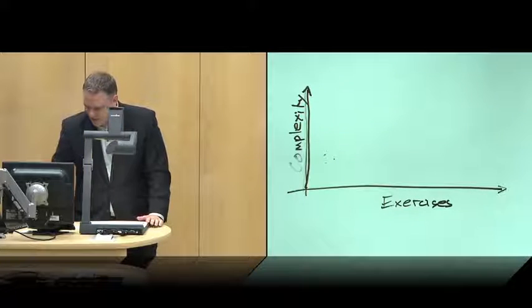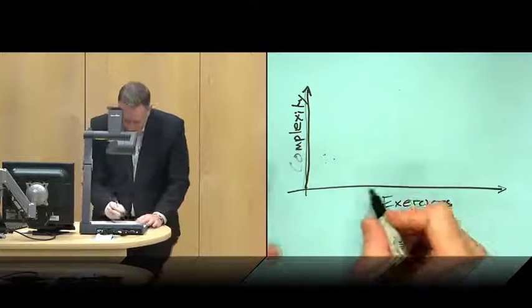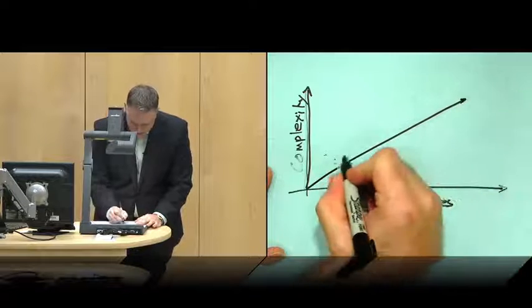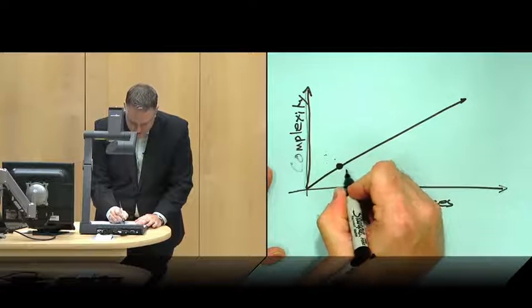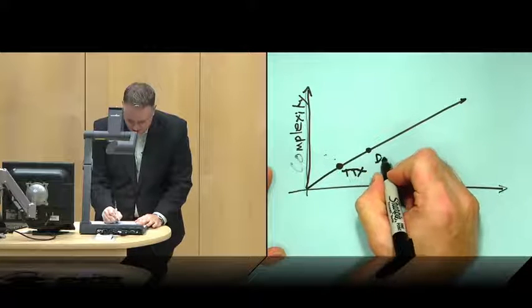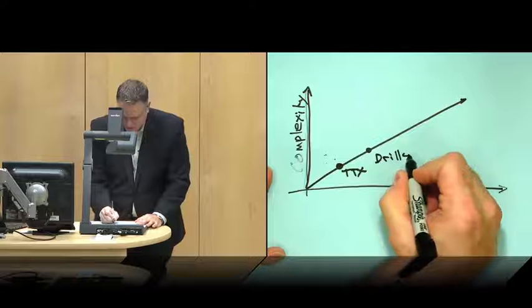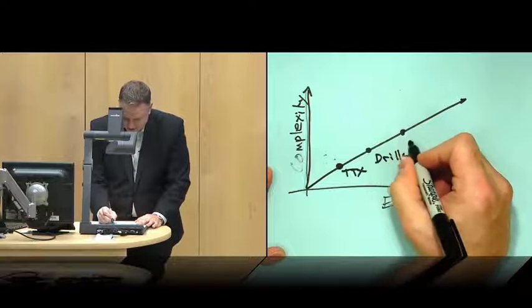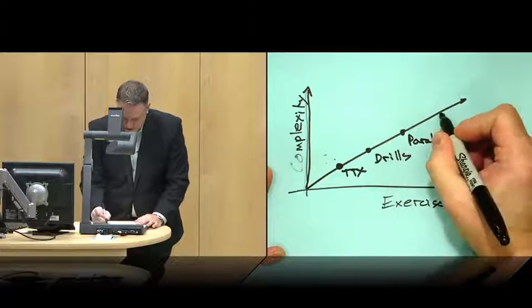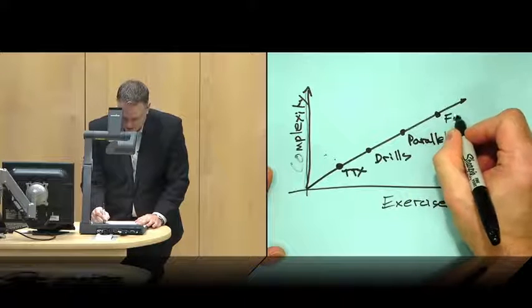The 4 exercises that we talked about: somewhere about here, you have TTXs, tabletop exercises. Somewhere here, you have drills. You might have parallel tests here, and up here, you have full scale.